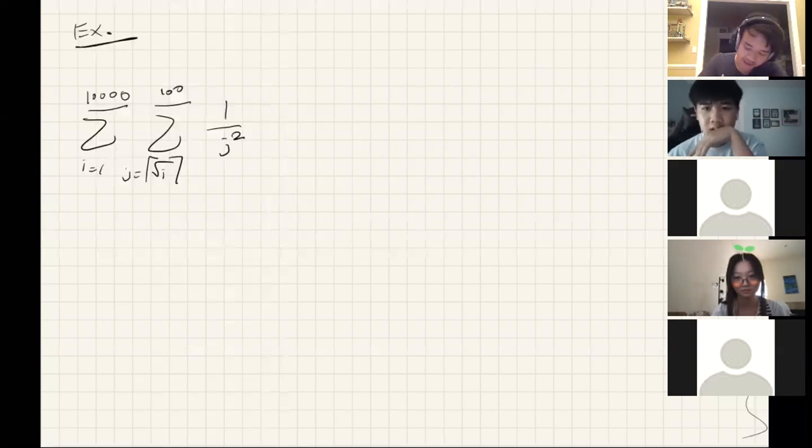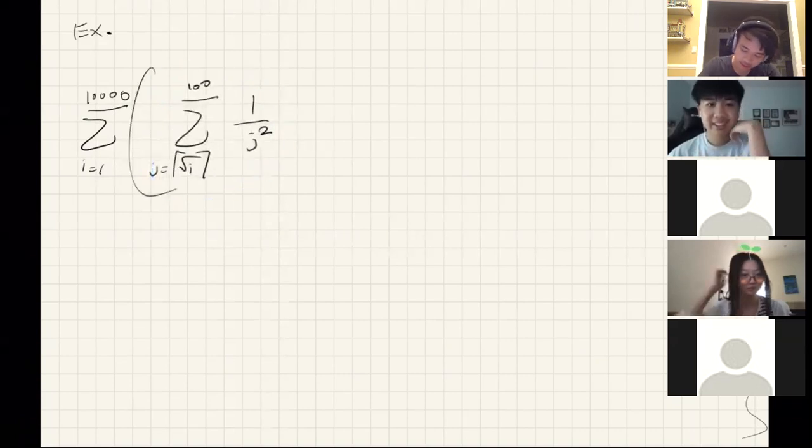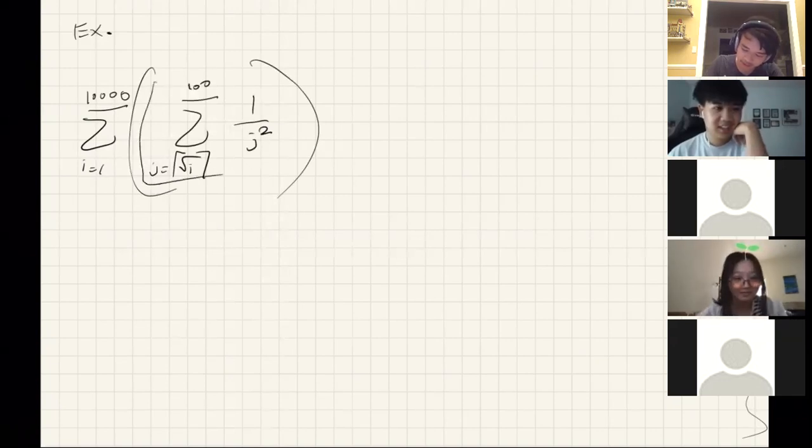But anyways, onto an example, right? Because what am I even talking about? So in this example that I made, you're summing up the following quantity, which is this sum over all I between 1 and 10,000, right?